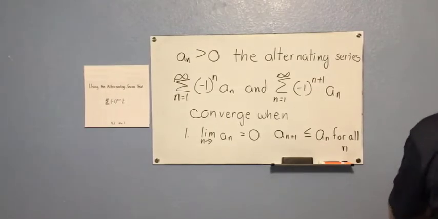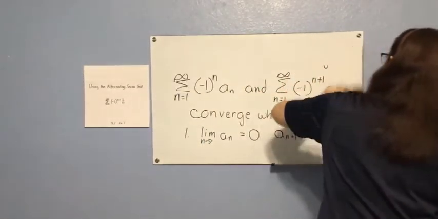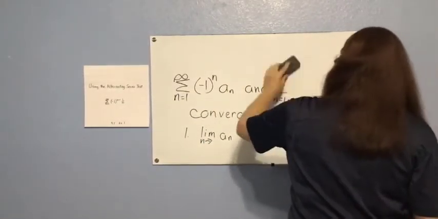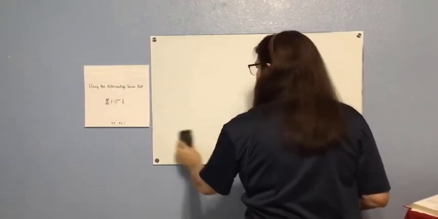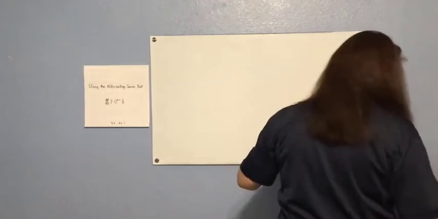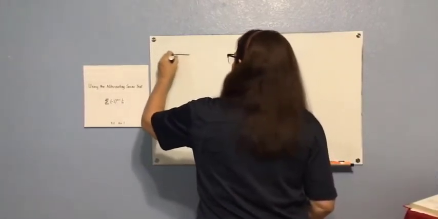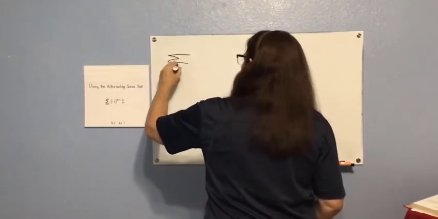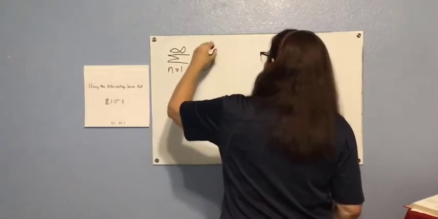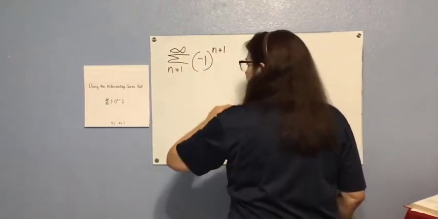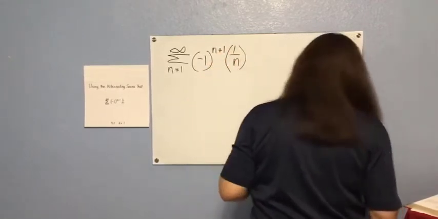Let's look at some examples. Our first example is this one. -1 to the n plus 1 times 1 over n.